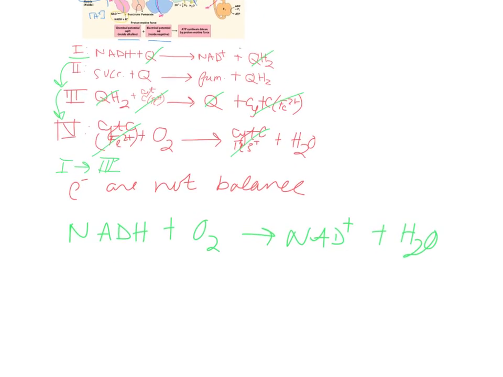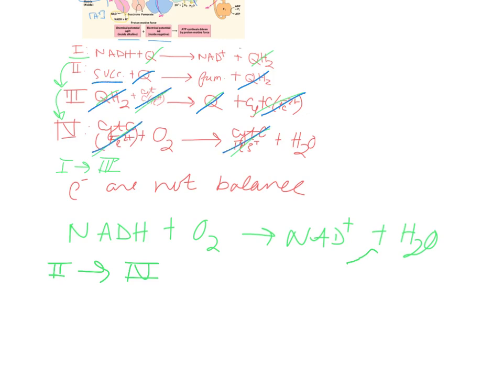So if we go from 2 to 4, we go from succinate to fumarate, Q to QH2. This Q cancels with that QH2 cancels with that QH2. The electrons from the cytochrome C will be passed to 4, so that one will cancel with that one.